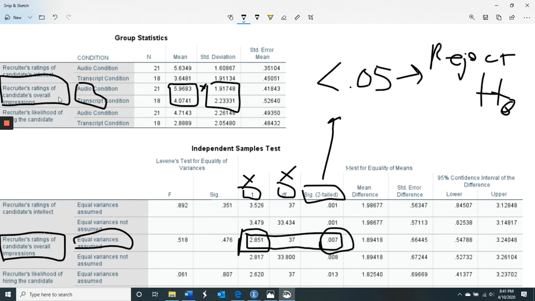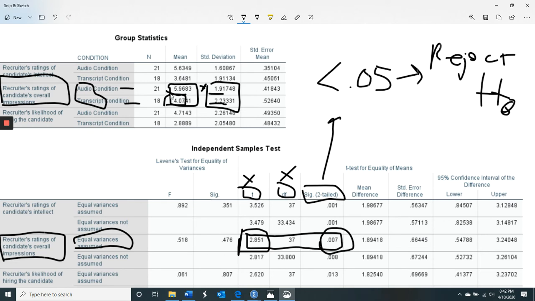In terms of the recruiter's overall impressions of the candidate, the audio condition (mean 5.97, standard deviation 1.92 in parentheses) was greater than the transcript condition (mean equals 4.07, comma, standard deviation equals 2.23), comma. So again, in terms of overall impression, audio is greater than transcript.